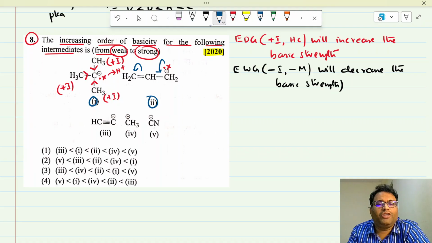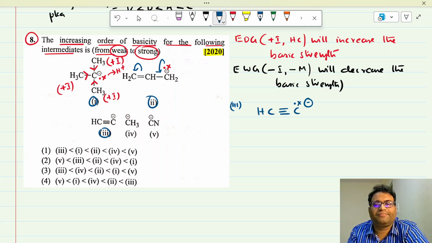Coming to here third molecule. In the third molecule, you can find a CH triple bond C. This is negative charge. Due to this pair, this extra electron, we have negative charge. Now, what is this hybridization? You can see this is sp hybridized. sp hybridized means S character is 50%, whereas p character is also 50%.